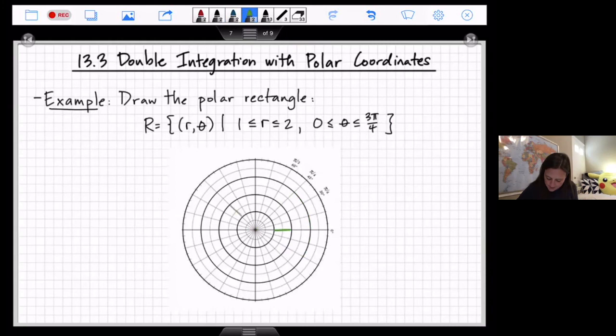But again, I'm going to stay between a radius of 1 and 2. And then I'm just going to shade in all of those values that range from 0 to 3 pi over 4. So all of that area right there. Polar rectangles don't look like what we normally think of as a rectangle, but these are the regions over which we're able to convert from rectangular coordinates to polar coordinates in a double integral with our special little Jacobian at the end, r dr d theta.